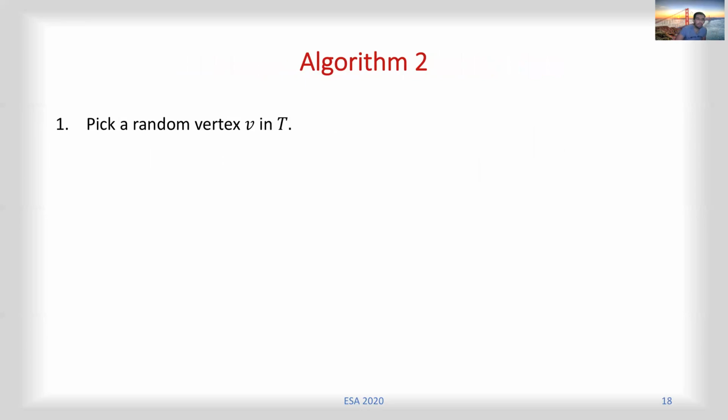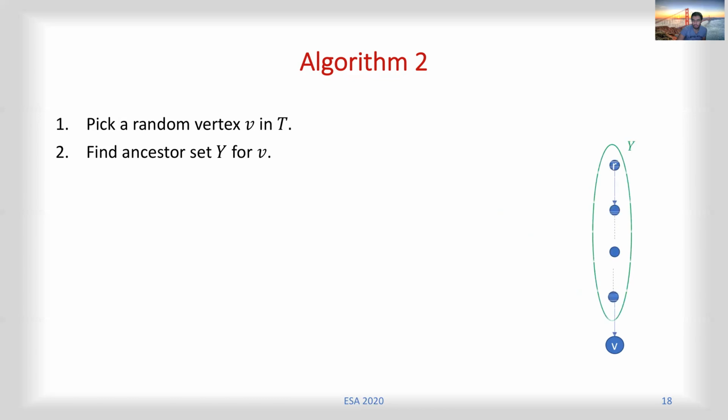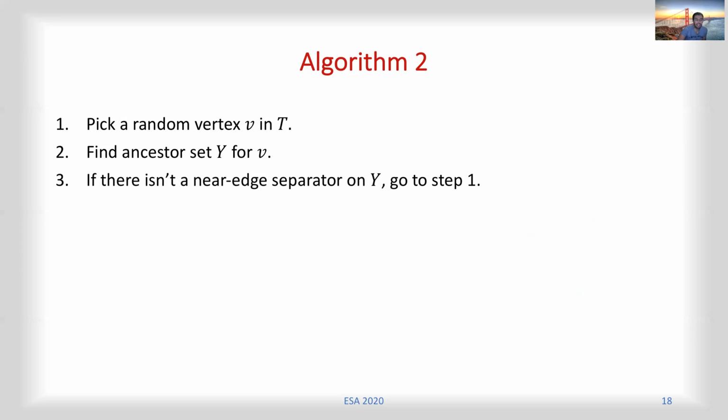So the algorithm works like this. We pick a random vertex v from T. We find the ancestor set for v, similar to finding the root as I mentioned earlier. And then we check if there is a near edge separator on the path from root to that vertex. If there is not, we just repeat step 1.